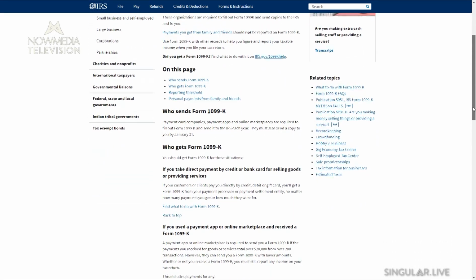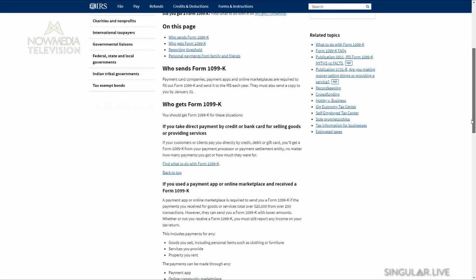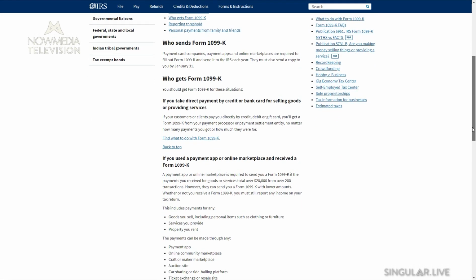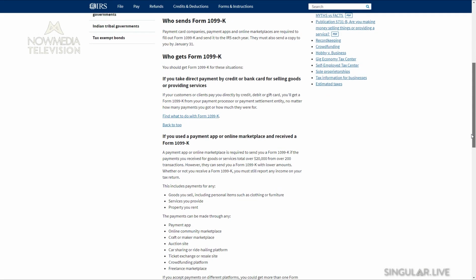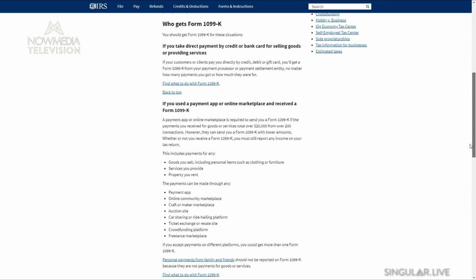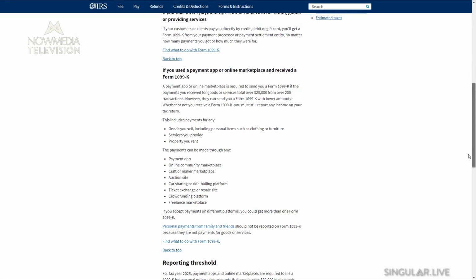Family members splitting rent, and they send each other money through Zelle or Cash App or any of these, and that can now get caught up in the $600.